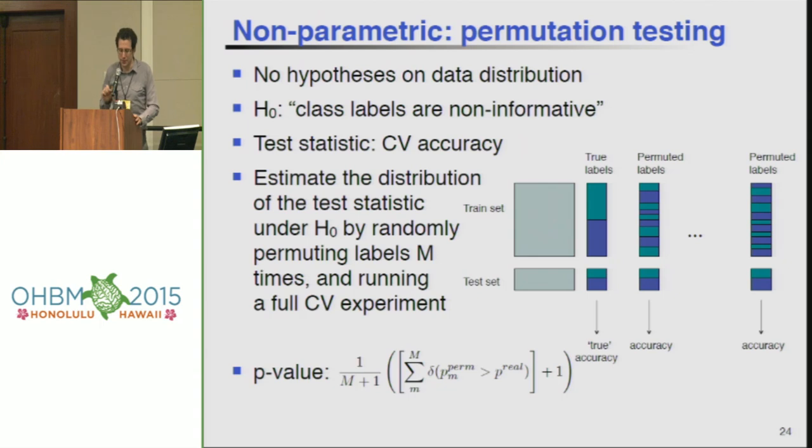The reasoning behind this is you want to estimate the null distribution, what is the chance accuracy that you could get on this data, because maybe there's something you didn't account for. Maybe the correlation structure is such that you can get way above chance just because your experimental design is not necessarily the best for that. So this is a good way of getting a p-value out of your experiments.